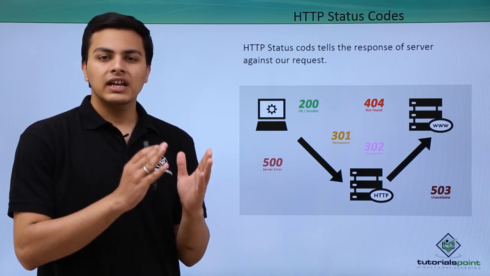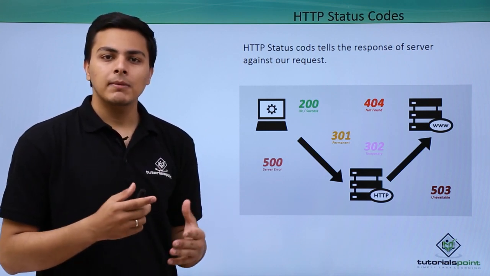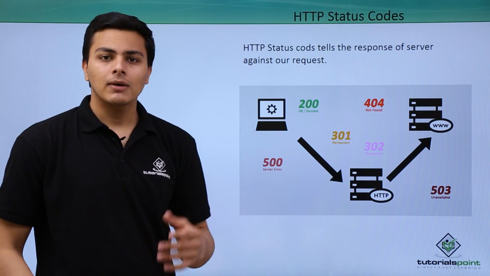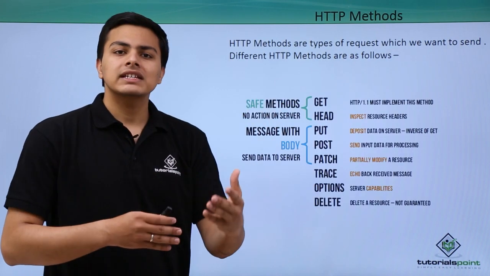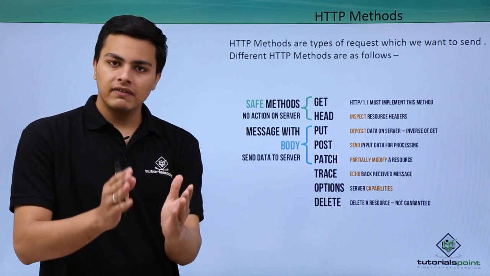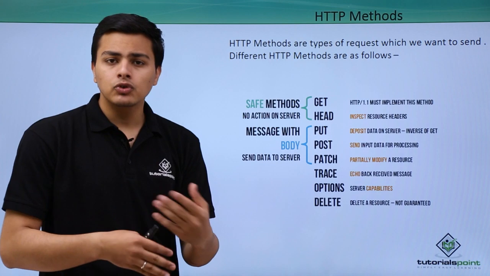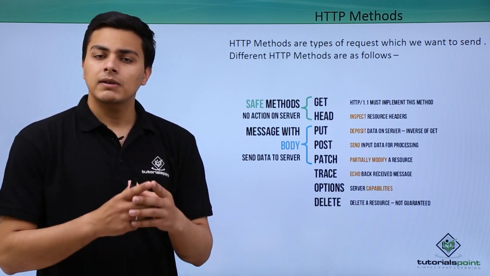In order to send an HTTP request, we also have to specify what kind of HTTP method we want to use. Now let's talk about HTTP methods. HTTP methods are the types of requests which we want to send. What we want to do in an HTTP request can be defined as HTTP methods.